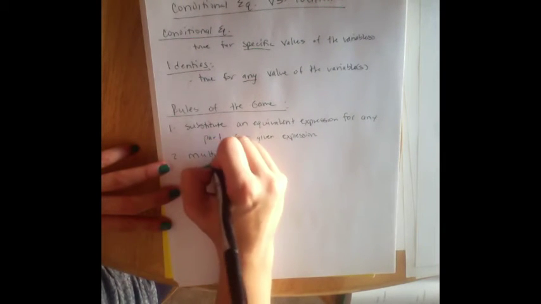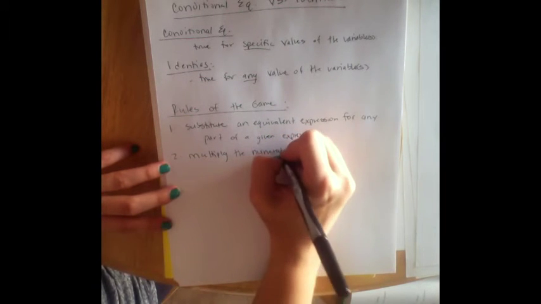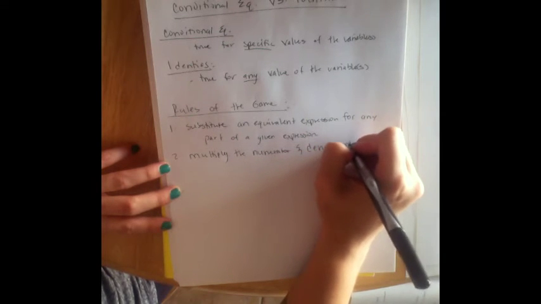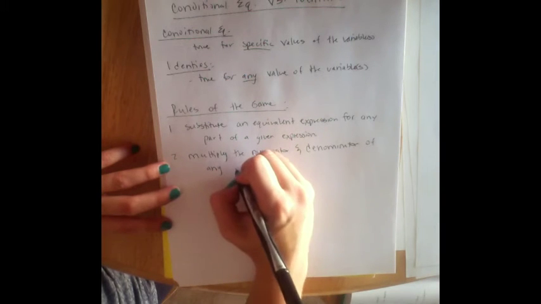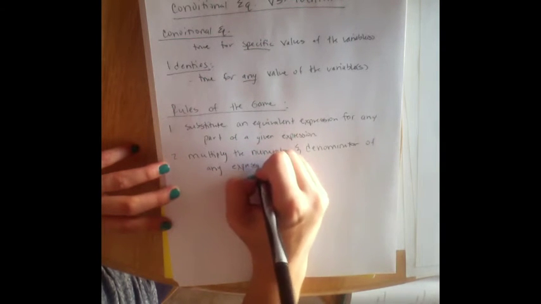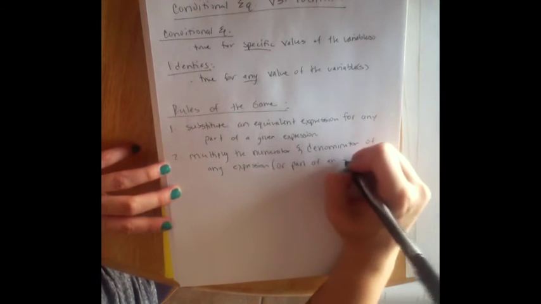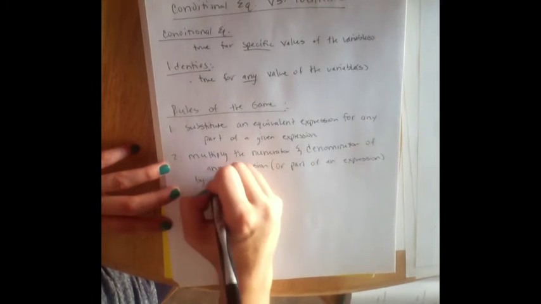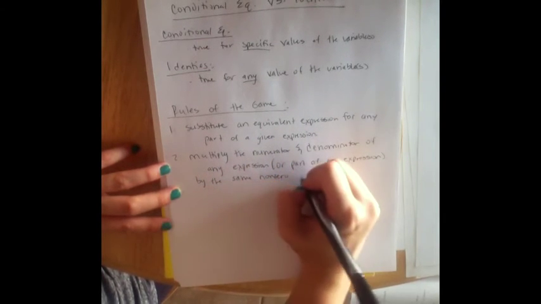Two, we can multiply the numerator and denominator of any expression or part of an expression by the same non-zero quantity.